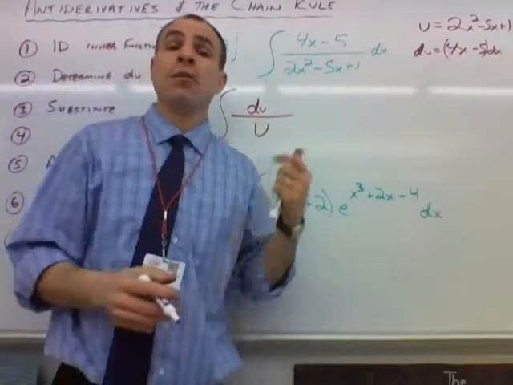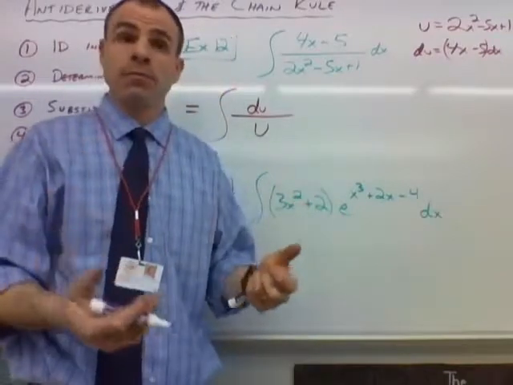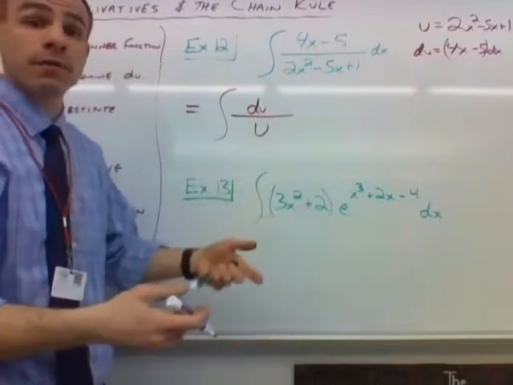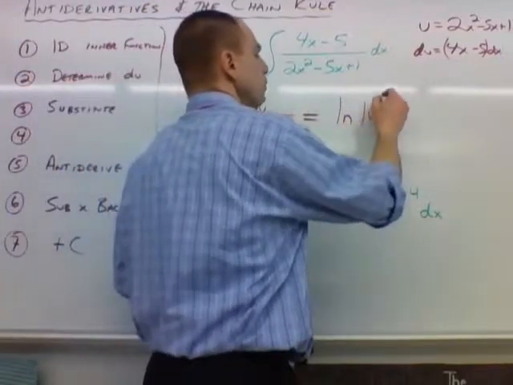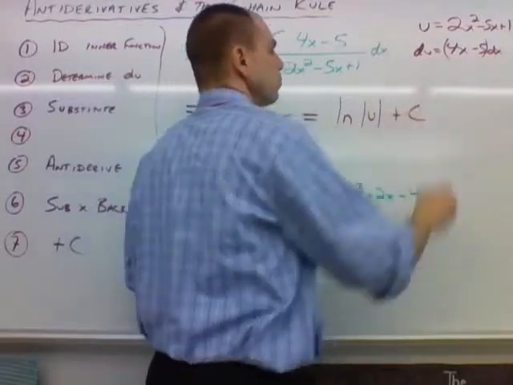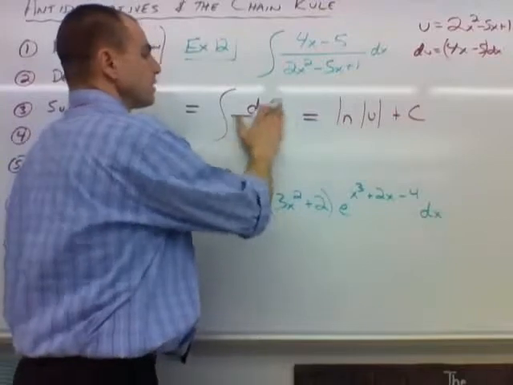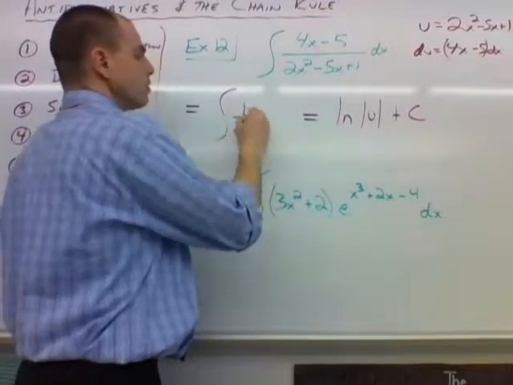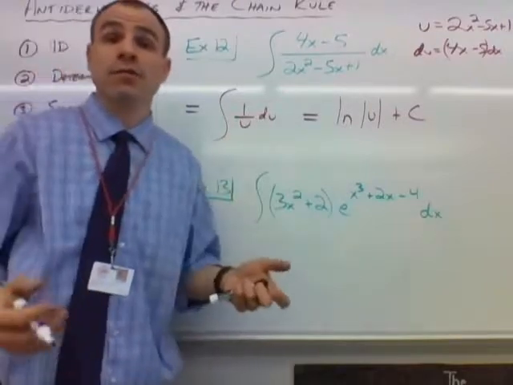Okay, again, that was the result when we derived the natural log of an inner function. Now we're doing the antiderivative of the fraction, which means that the antiderivative will be the natural log of the absolute value of u plus c. Okay, and again, if it helps, you can think of this as 1 over u du. All right, replace the u's with x's. You have 1 over x dx.